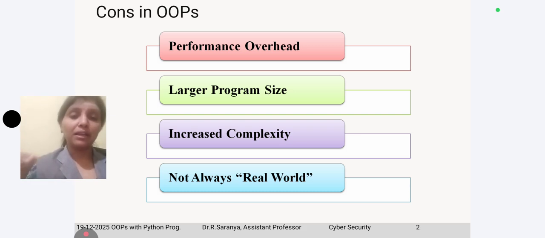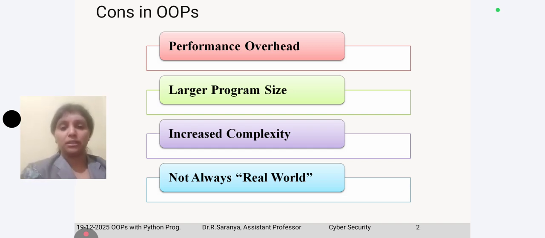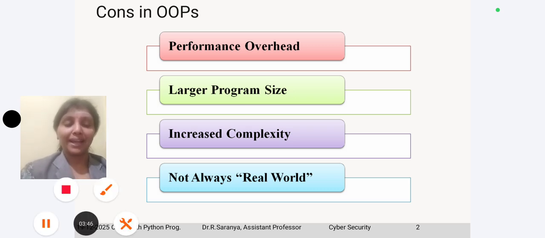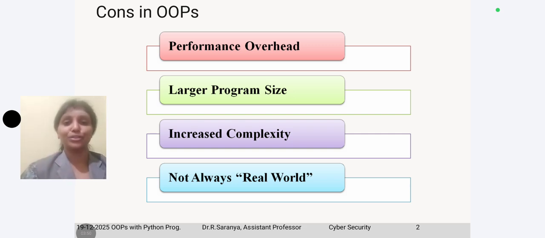If you apply object-oriented concepts, complicated methodologies can be embedded, so the complication is very high while embedding OOPS in complex data. It is also not always real world. Sometimes it can create a model world with the help of object-oriented programming, but not all the time.